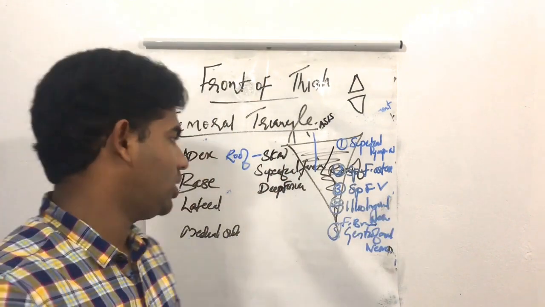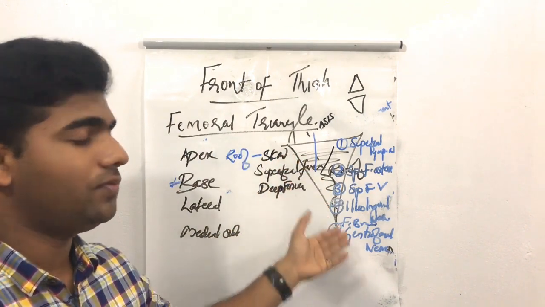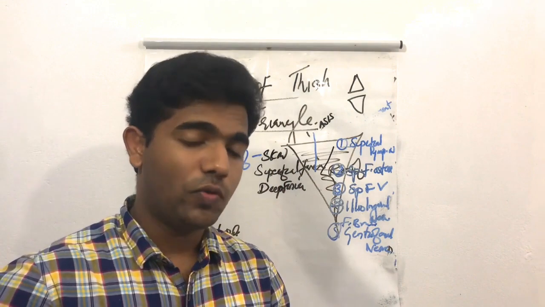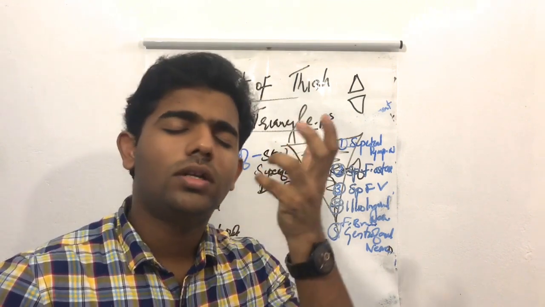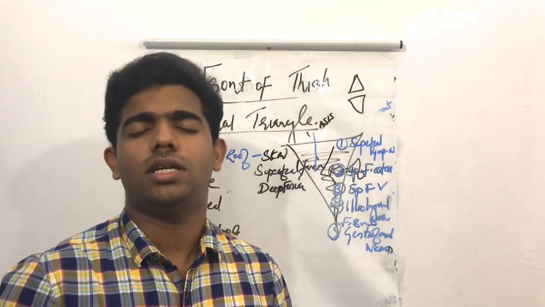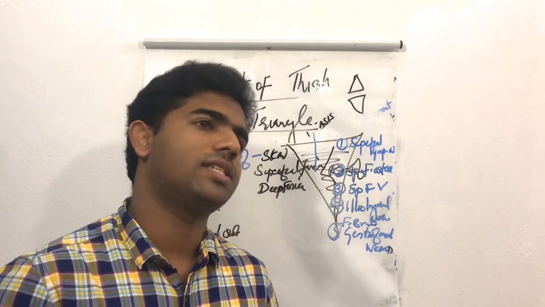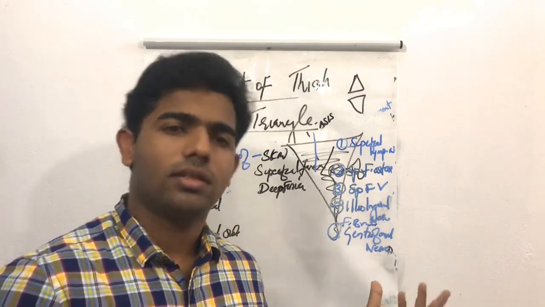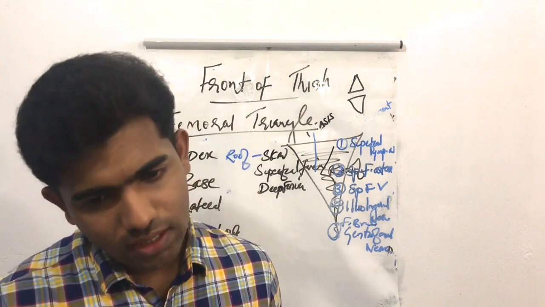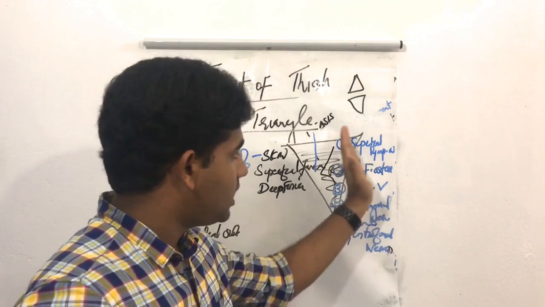Can I just tell you again? The skin, the superficial fascia and deep fascia form the roof of the femoral triangle. Now imagine the contents of the superficial fascia. Earlier we studied the contents. It contains superficial lymph nodes. Superficial arteries are there. Superficial veins are there. Then some nerves are there, on the medial side.